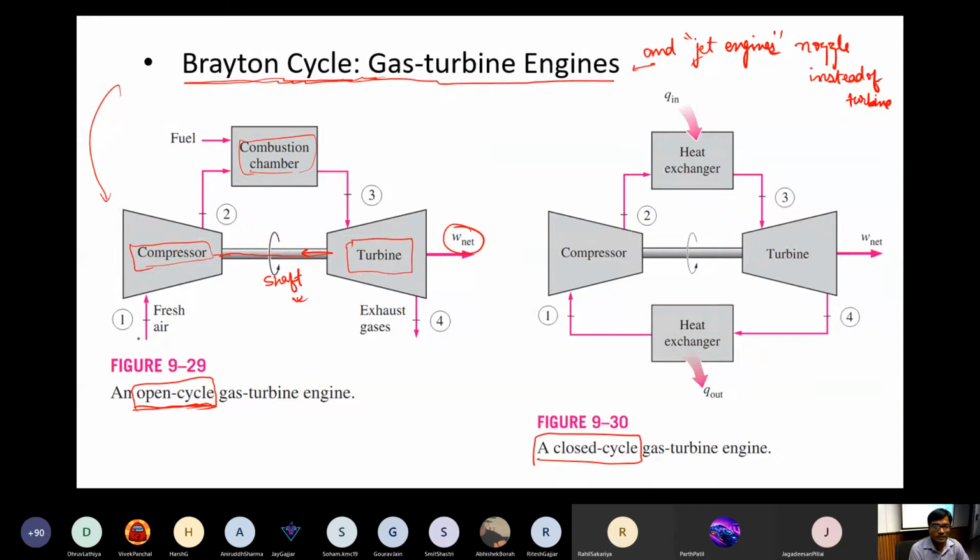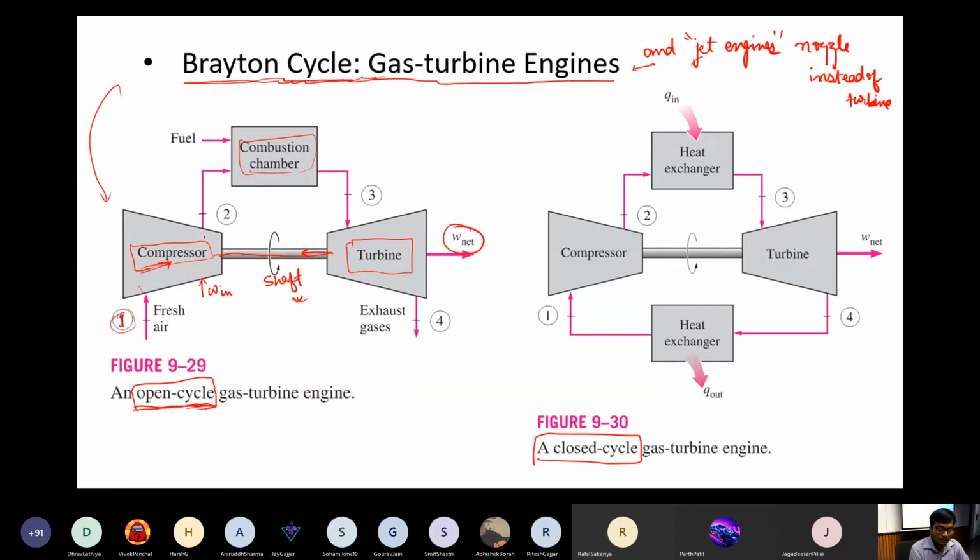Okay. So if we talk in terms of cycle processes, it starts from state 1, where fresh air is compressed in a compressor. Let's suppose I'm also supplying a slight amount of W in, but generally some proportion of W net is taken back from the turbine to run this compressor.